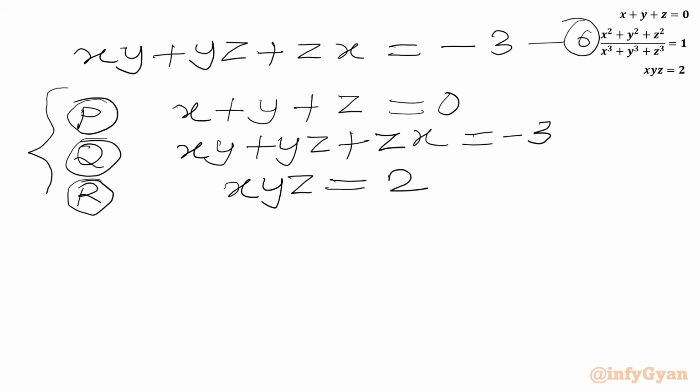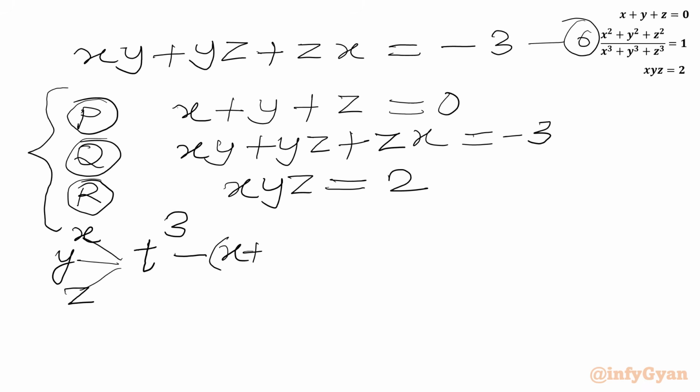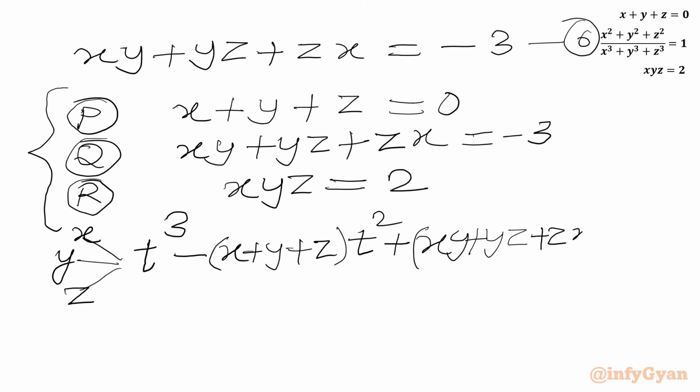Now from these three equations, we can think about one cubic equation in T whose roots are x, y and z. Then we can write the equation T cube minus (x plus y plus z) times T square plus (xy plus yz plus zx) times T minus the product of roots xyz equal to 0.